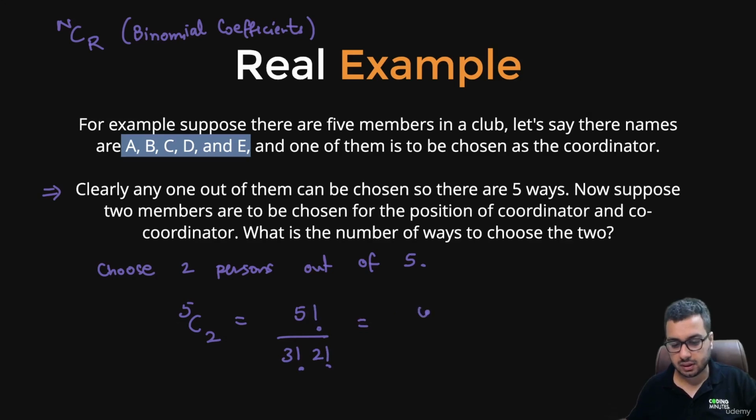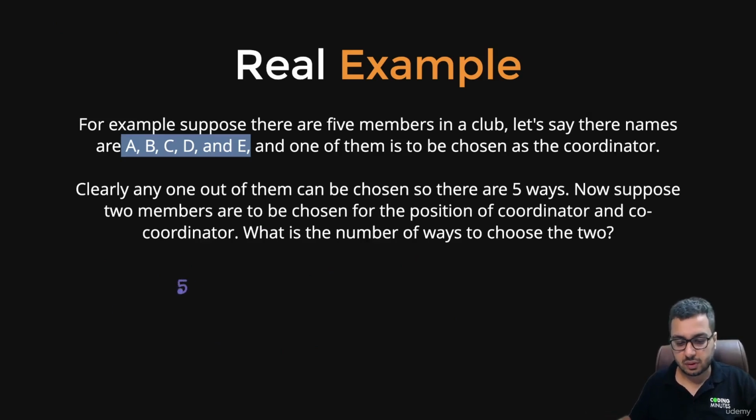That is 4 into 5 upon 2, which is 10 ways. So the number of ways of choosing two persons out of 5 is denoted using 5C2. Similarly, 3 persons would be 5C3, 4 persons would be 5C4, and 5 persons would be 5C5. So 5C5 would be nothing but 1.